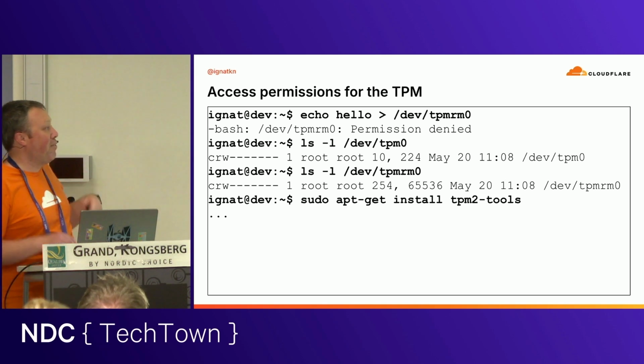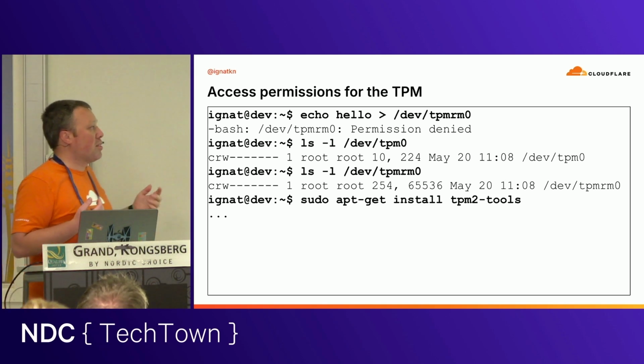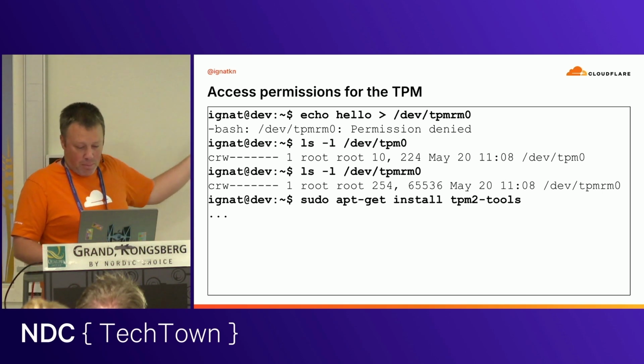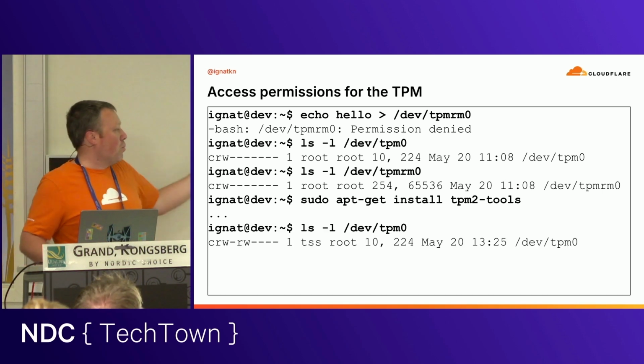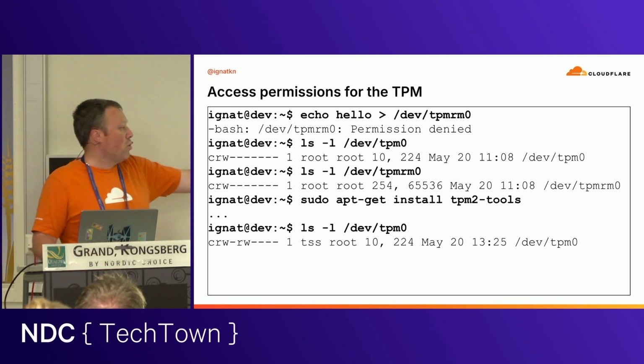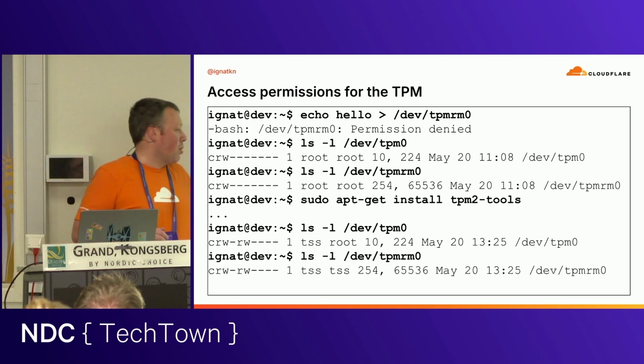Confusingly, if you install the IBM TPM software stack on Debian at least, it will do something: your TPM devices can now be read and written by a special new user called tss, and the resource manager can also be accessed via the tss group.